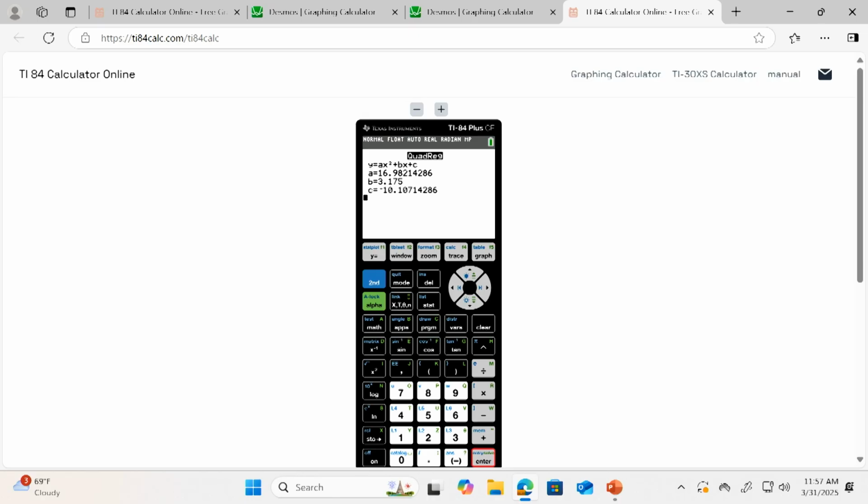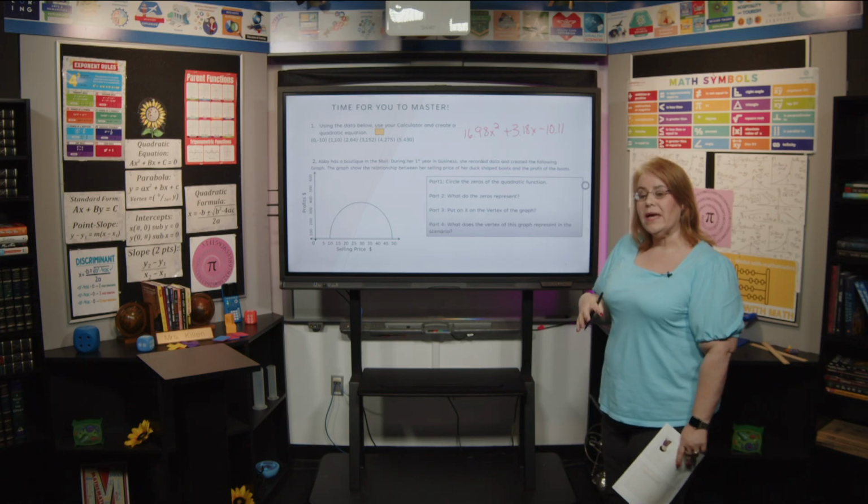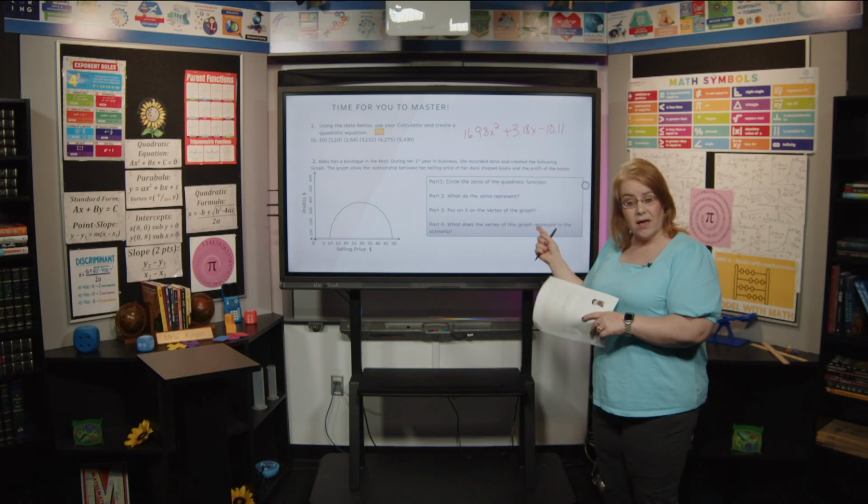And my C is negative 10.107, so let's say that is negative 10.11. So let's go ahead and write this. I'm going to have 16.98x squared plus 3.18x minus 10.11. So there is my quadratic equation using the information that our calculator gave us.